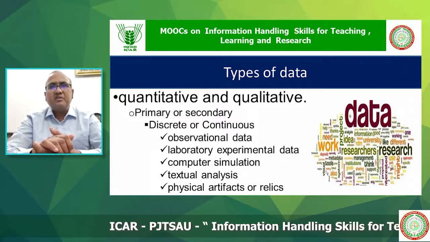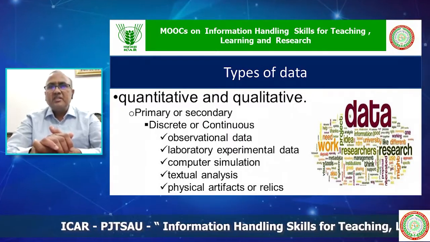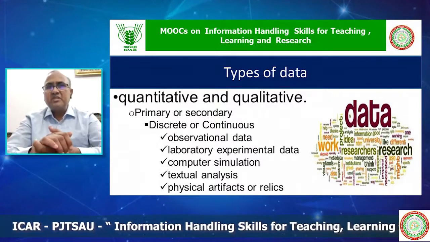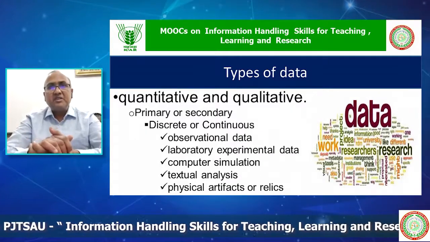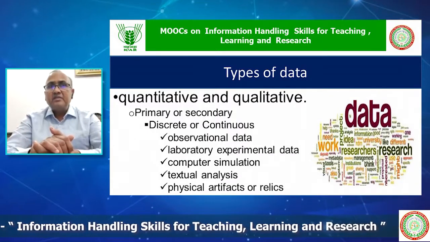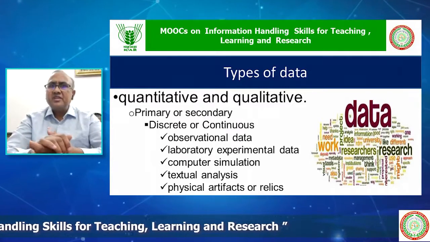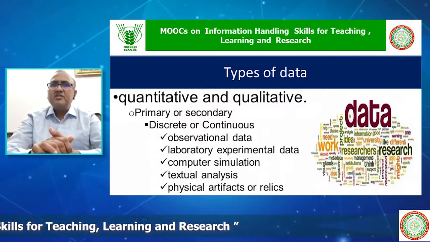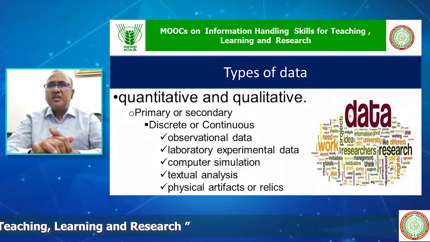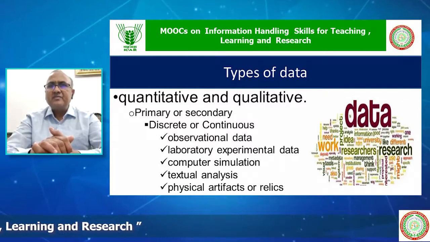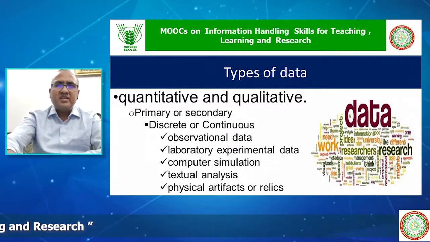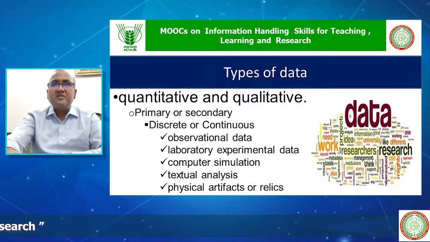So we referred observational data. It is based on laboratory experimental, so consider laboratory experimental data. It is based on computer simulation or textual analysis, or various kind of physical artifacts or places. So this is the way data has been defined in various types.